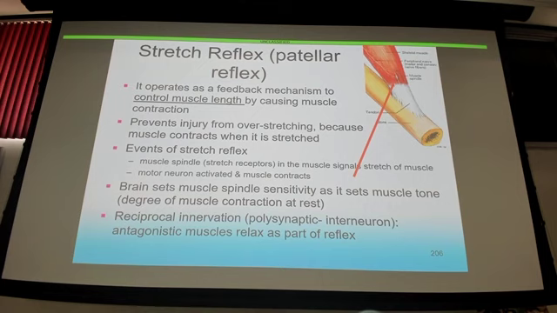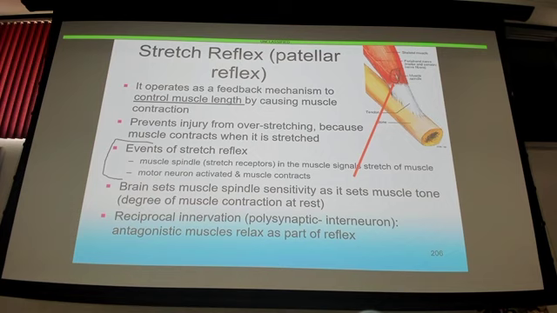So if you look at this area here, we don't want the muscle to overstretch. So a stretch reflex occurs because inside of the muscle, you have many of these muscle spindles. Muscle spindles are receptors for sensing what type of stretch the muscle has. So if the muscle is stretched too far, the spindles will pick that up.